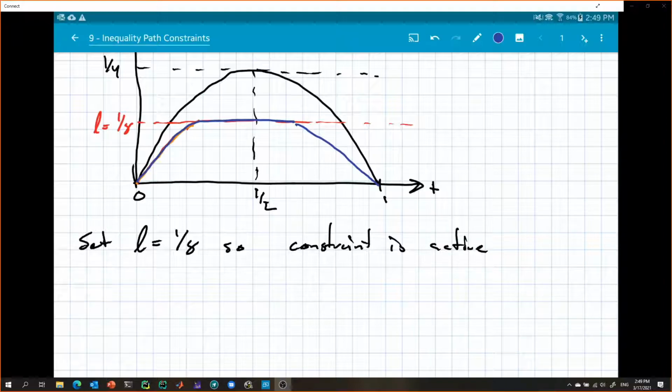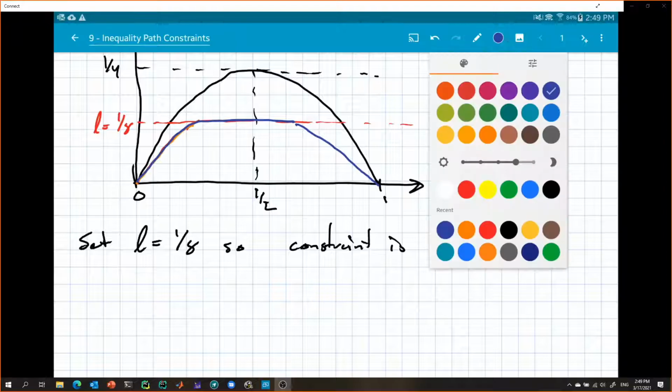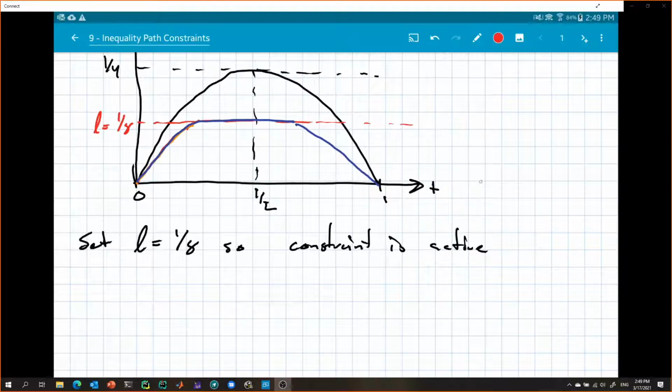So here it's fairly intuitive that we have an unconstrained arc, a constrained arc, and an unconstrained arc. So let's label this T1, and then this is T2.